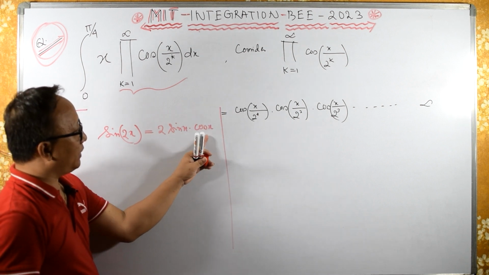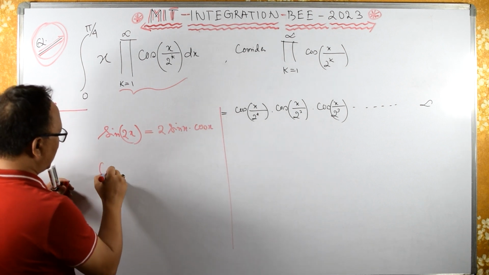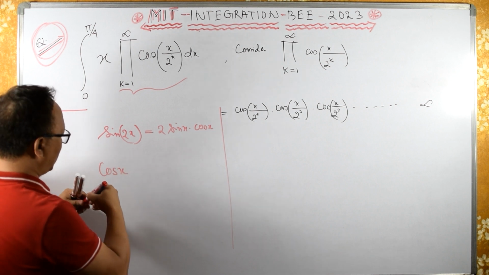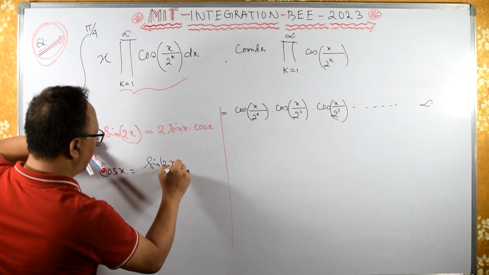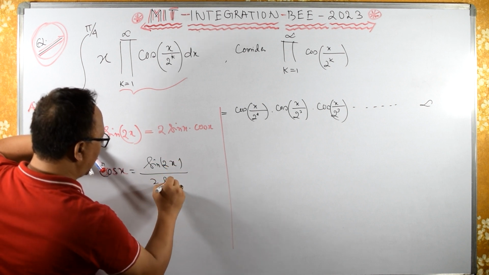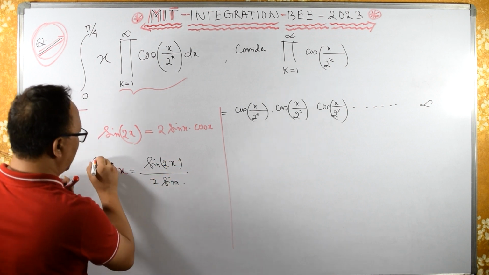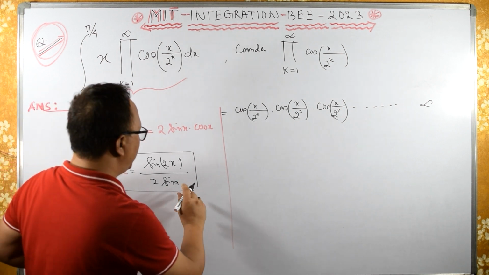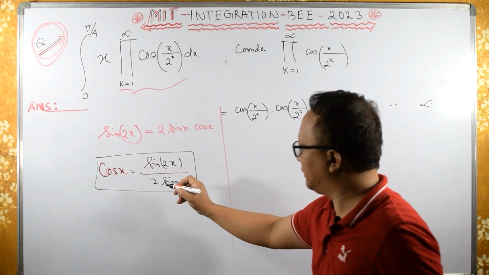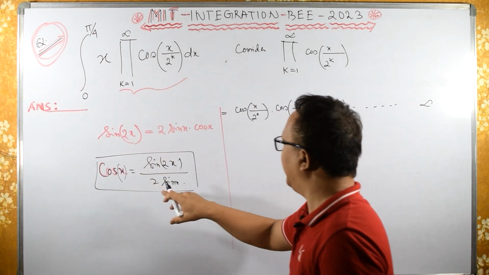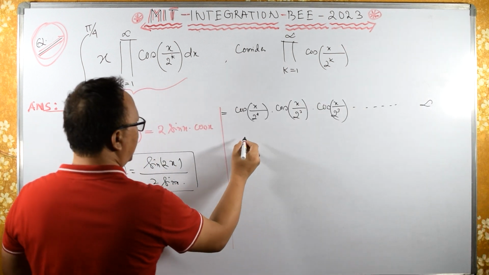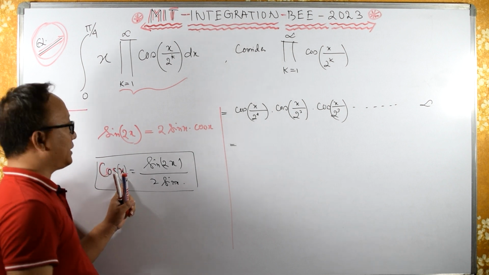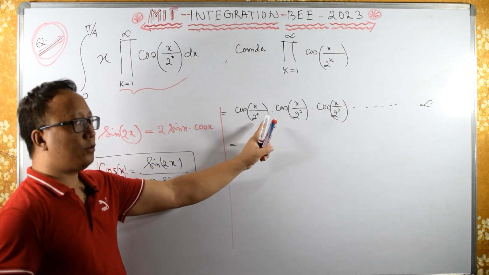So from here, if I want to find cos x, cos of x equals sine of 2x upon 2 sine of x. If I use this effectively, cos x is over here in each term. Instead of x, I have to substitute x upon 2 raised to 1.